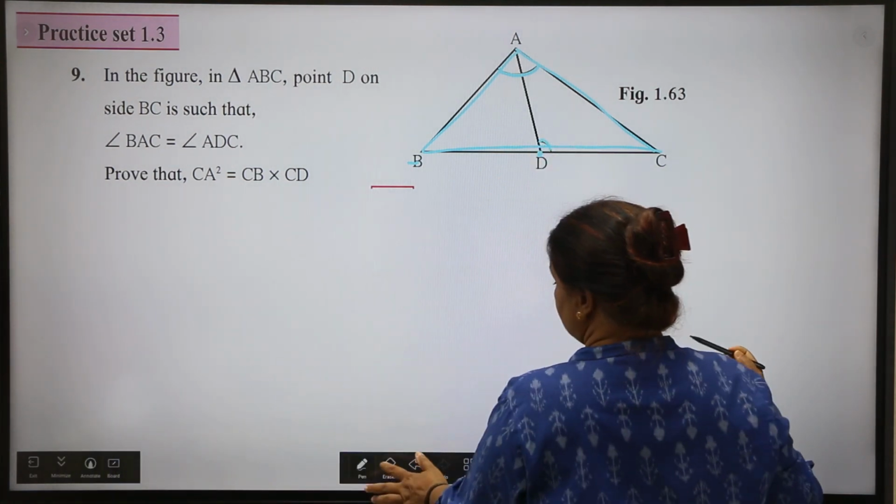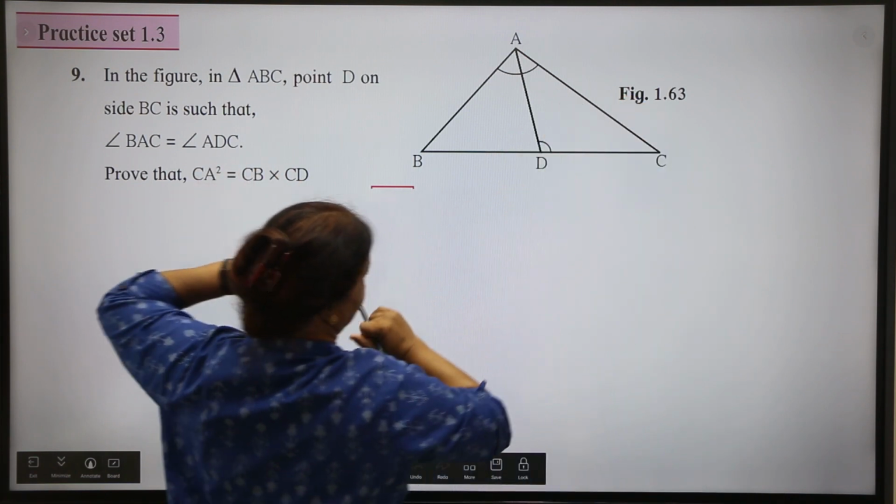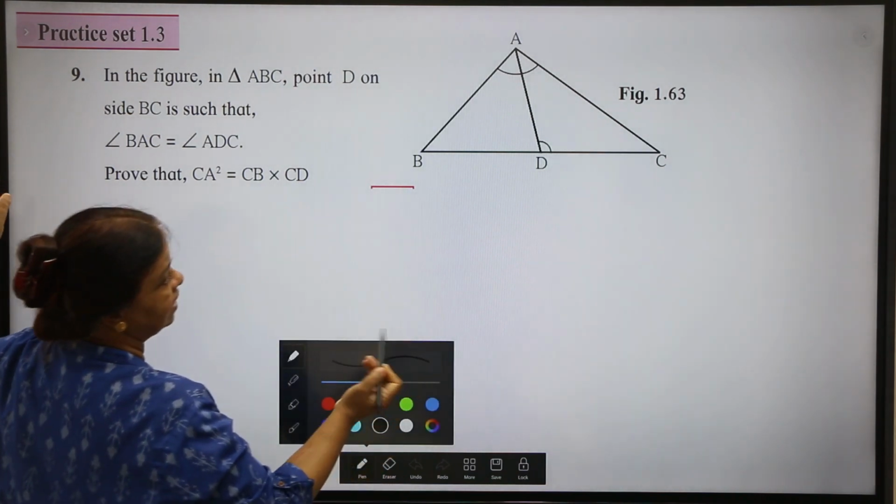Okay. Now children, you see here two triangles are there. I will draw them separately. When we draw them separately, then we understand better.